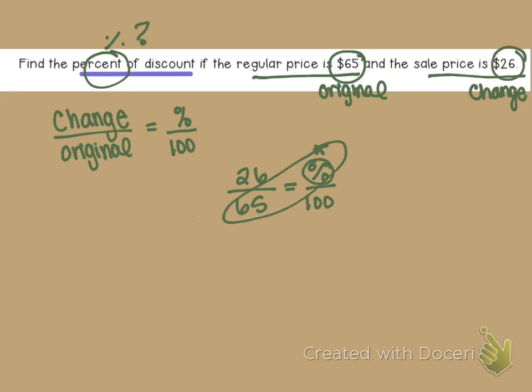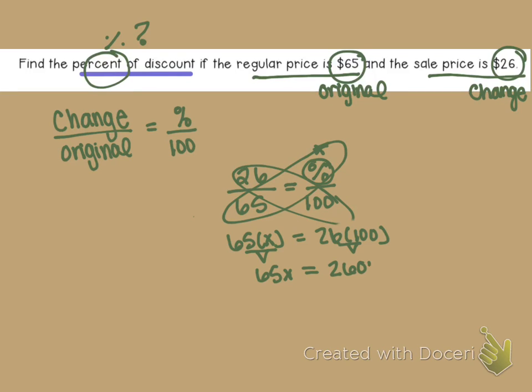So we cross multiply. 65 times x equals 26 times 100. 65x is just 65x. And 26 times 100 is 2600. And then we divide by 65 on both sides to solve and isolate the variable.